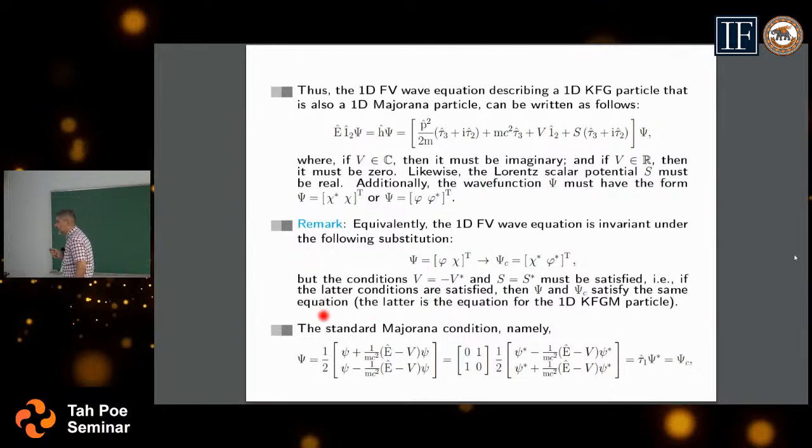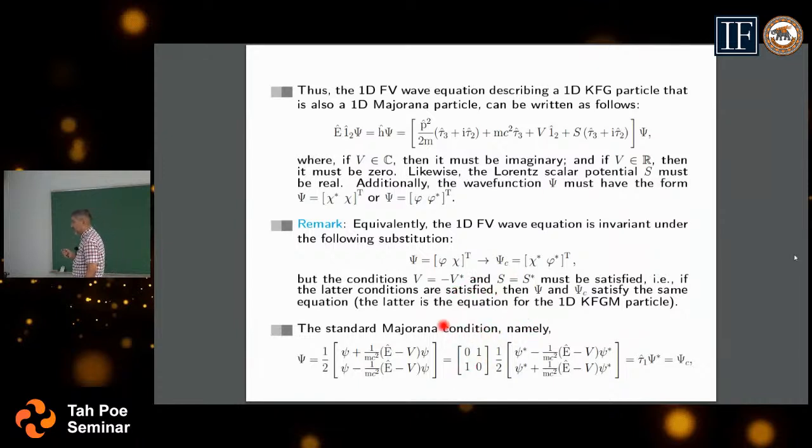Okay, let me do another remark. Equivalently, you can have this symmetry. The point is the wave equation of Feshbach-Villars is invariant under that. It's invariant when you change C by CC. And this condition must be true. That's what we expect to obtain.